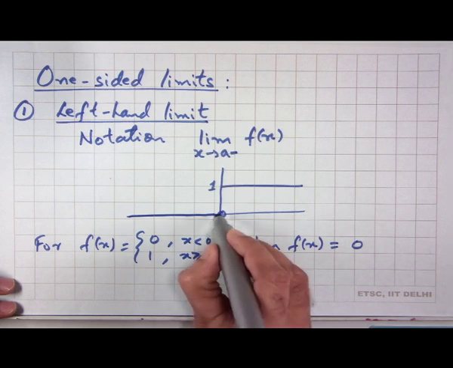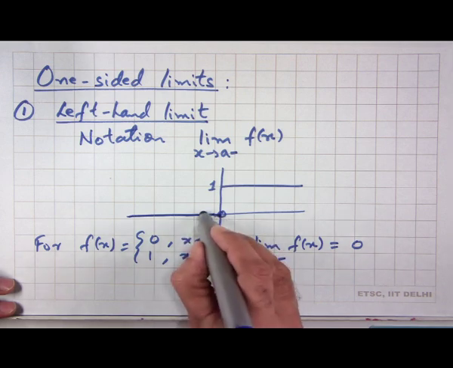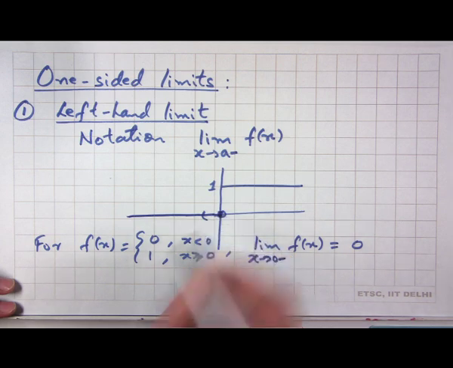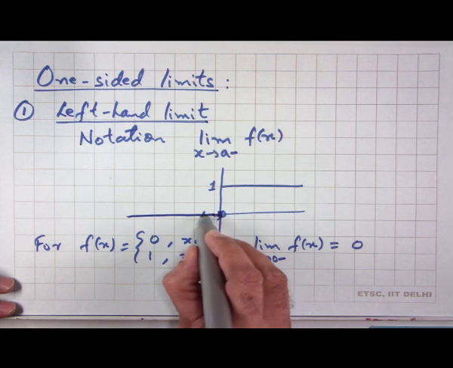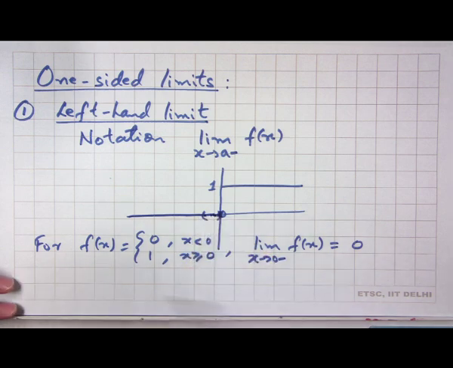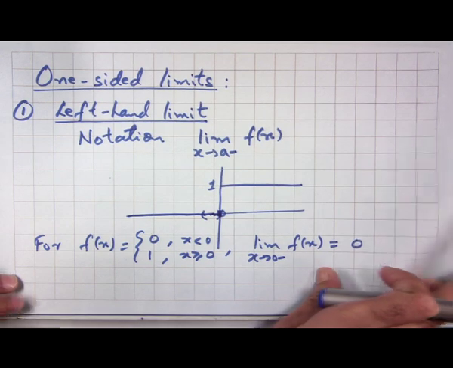This is because if I take any point in this interval to the left of this point, then f of x is identically equal to 0.